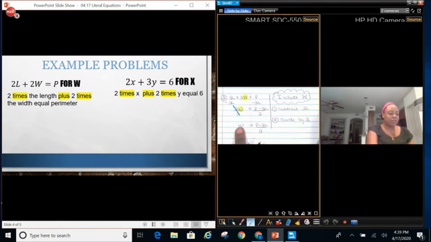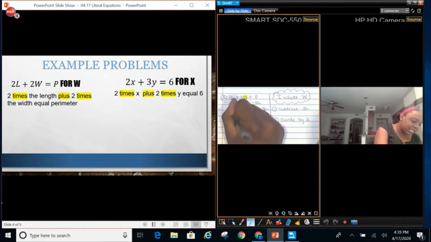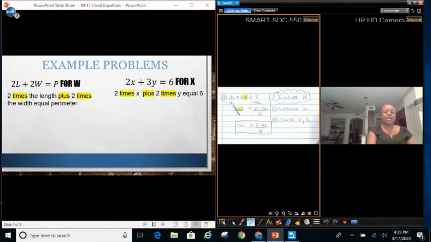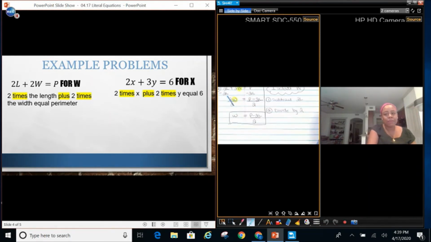And now I have W equals P minus 2L, all divided by 2. Now technically this is the correct answer. But this could also have one extra step.